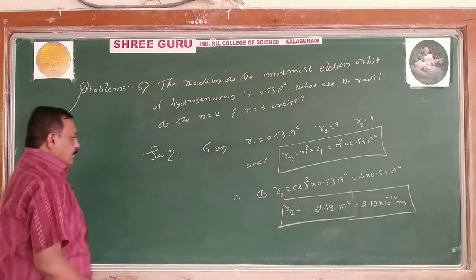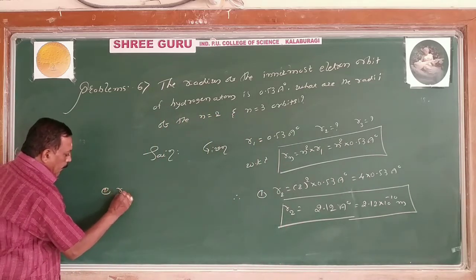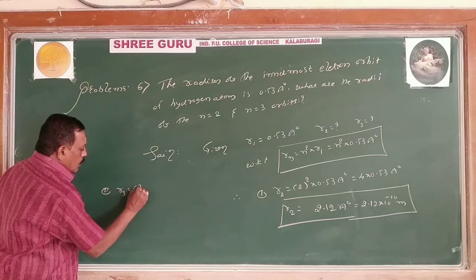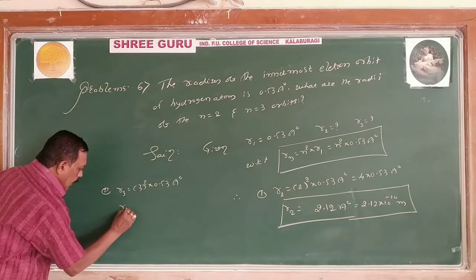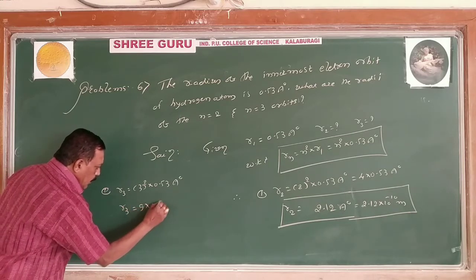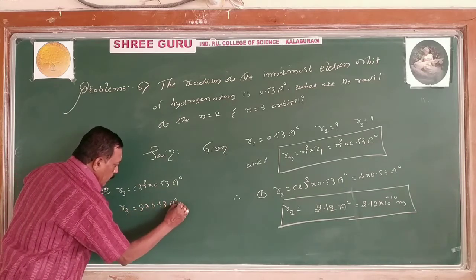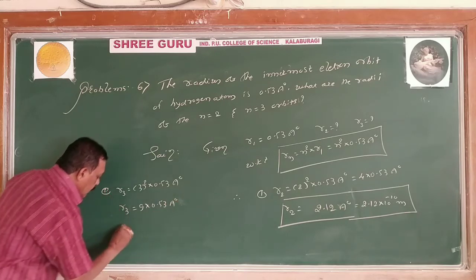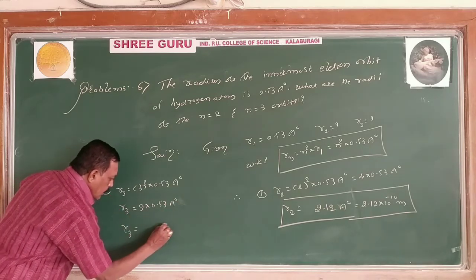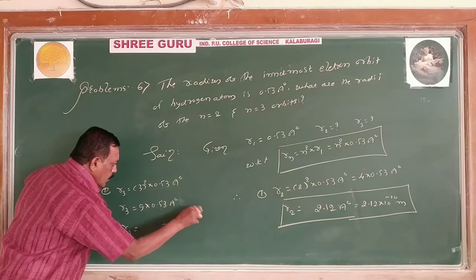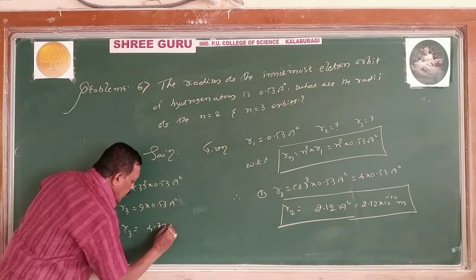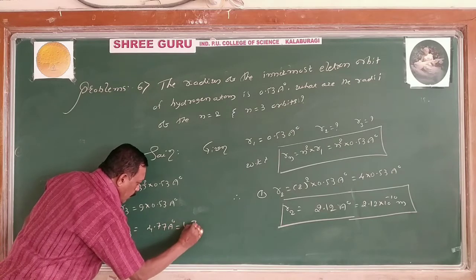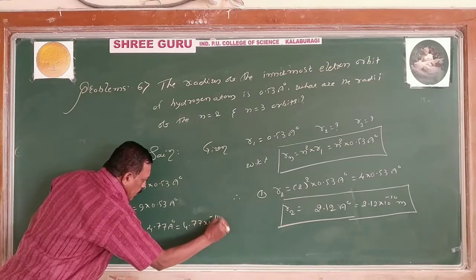Second one, R3 is equals to 3 square into 0.53 angstrom. R3 equals to 9 into 0.53 angstrom. What is that value? R3. 9 3s are 27, 9 5s are 45, 45 plus 2, 47. 4.77 angstrom or 4.77 into 10 to the power of minus 10 meter.